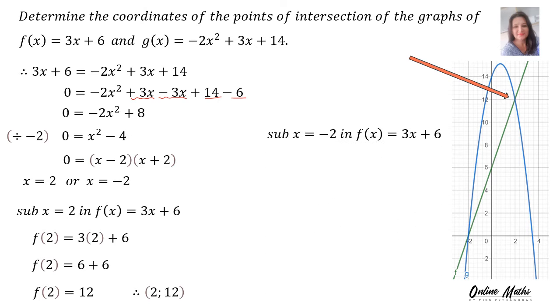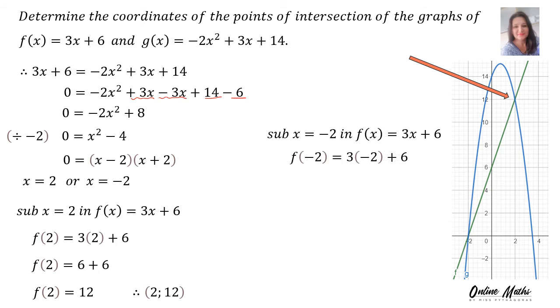Then your next step, you will say substitute x is equal to minus 2 in f of x is equal to 3x plus 6. Just remember, you can substitute in either of the two equations. I chose f of x because it just looks easier.